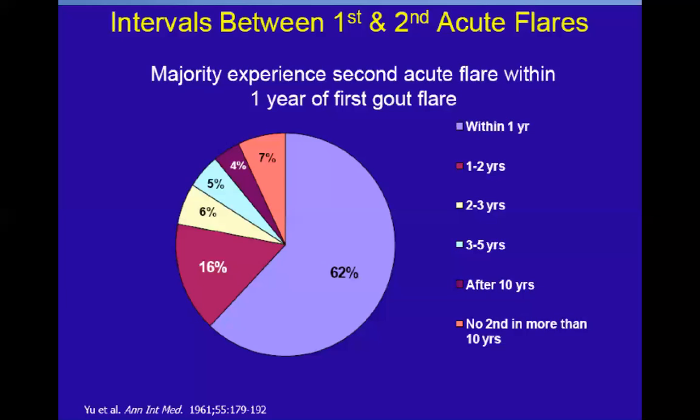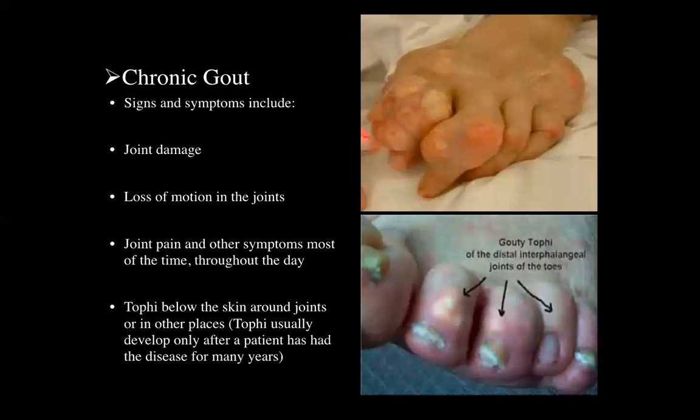Between 2 years to 3 years is 6%. 3 to 5 years, just 5%. After 10 years, 4%. No second attack in more than 10 years, 7%. This is the interval between first and second.